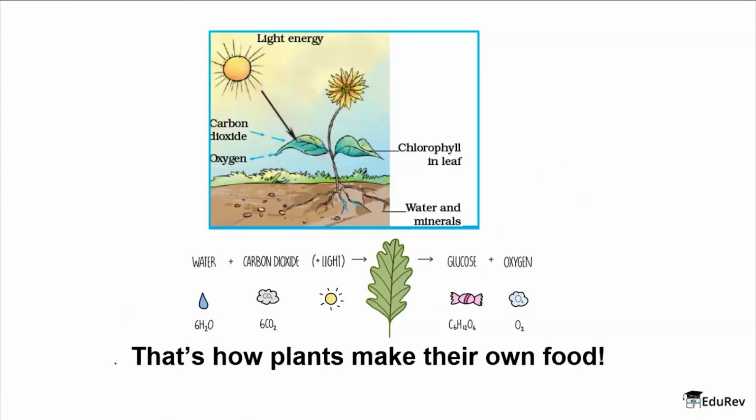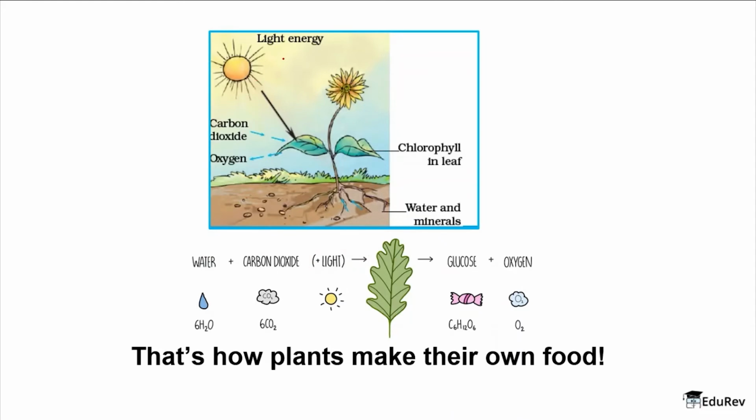Now, to sum up the process of photosynthesis, plants require water and carbon dioxide in presence of light, which is sunlight, which can only be used when there is chlorophyll inside the leaf, to make food in the form of glucose, which is just another form of carbohydrate, and oxygen gas. That is how plants make their own food.